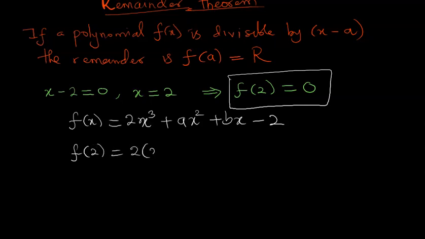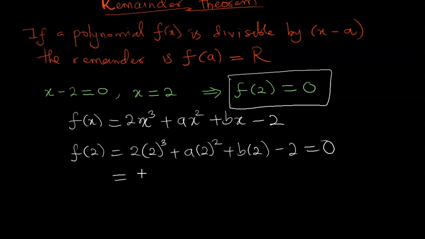This becomes 2 times 2 cubed, which is going to give us 16, plus 4a plus 2b minus 2 equals 0.